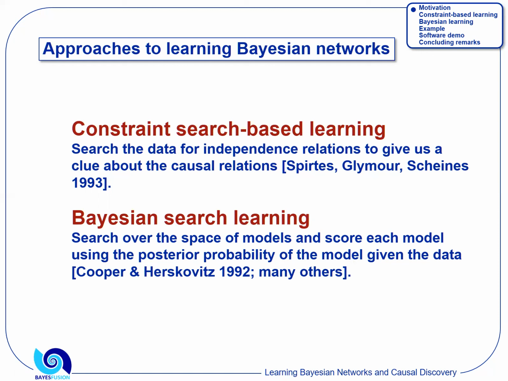The first approach, constraint search-based learning, was developed by Peter Spirtes, Clark Glymour, and Richard Scheines. They are all philosophers at the Carnegie Mellon Philosophy Department. Another person who did work, in fact in parallel, with a lot of contributions, was Judea Pearl with his student Tom Verma.